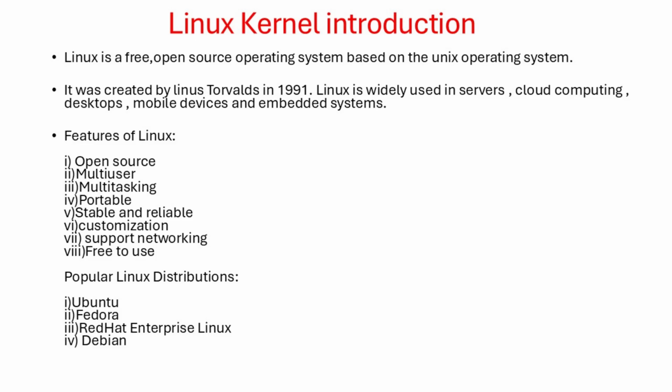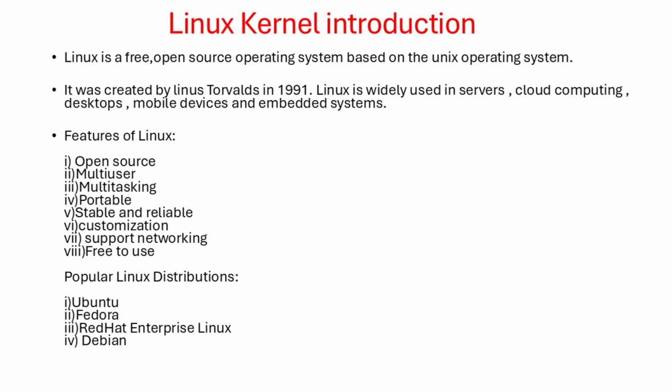Next we learn about the features of Linux. The first one is open source. Open source means the source code is freely available in this OS, allowing users to view, modify and distribute it. The next feature is multi-user.